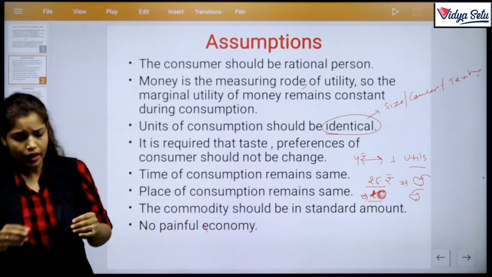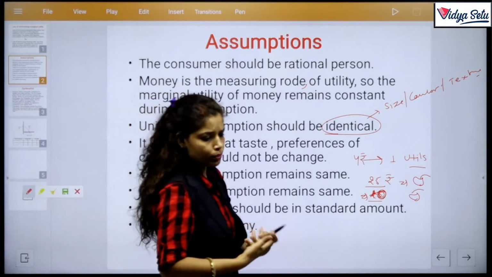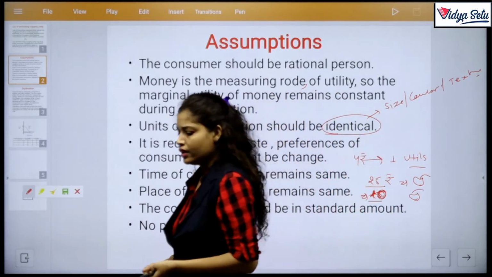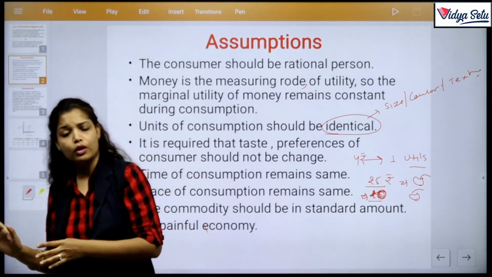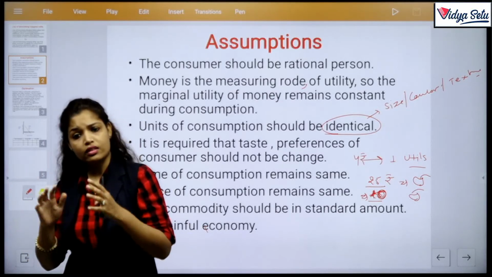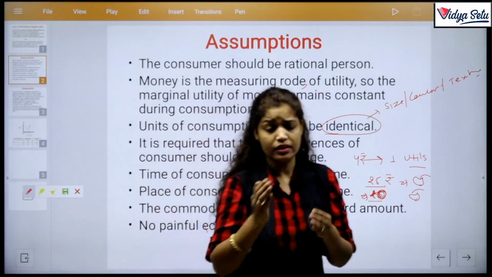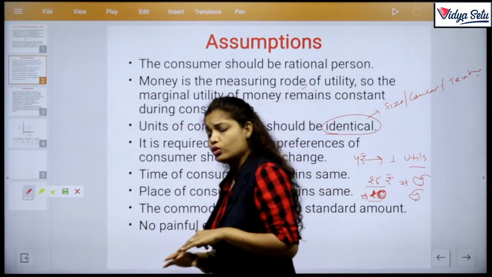Identical means if you go to one shop and purchase a Perk or Munch chocolate, then the same Perk or Munch is available in the next shop also. The next commodity will be identical, the same. Clear? There is no difference.